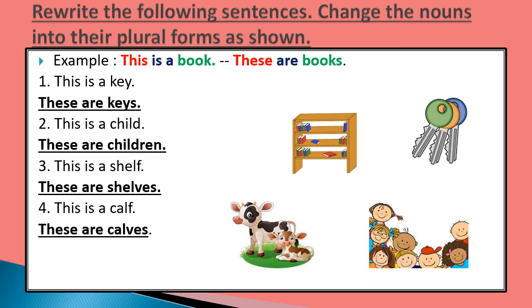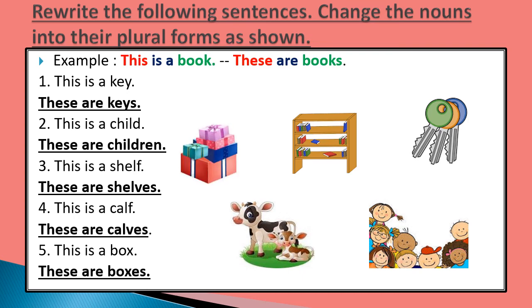These are calves. Sentence number 5. This is a box. Its answer, these are boxes. Boys and girls, please write very neatly on your books. Start the sentence with the capital letter and put a full stop at the end.